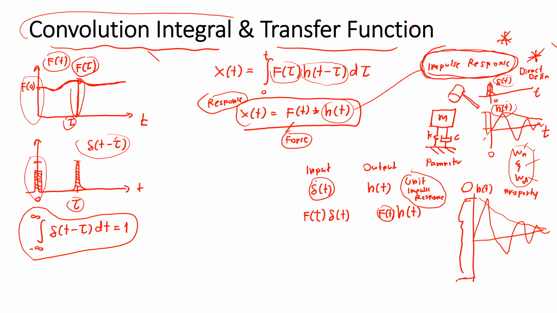If the input is a constant multiplied by a direct delta function, the constant just multiplies the magnitude of the unit impulse response. But omega d, omega n, and the damping ratio still remain the same as system properties. We just multiply the magnitude of the force by the unit impulse response.